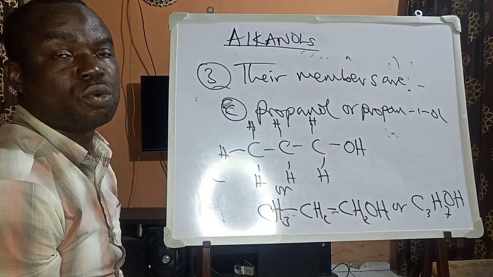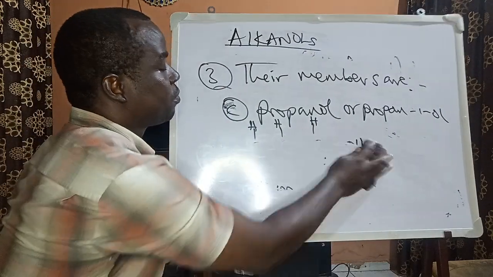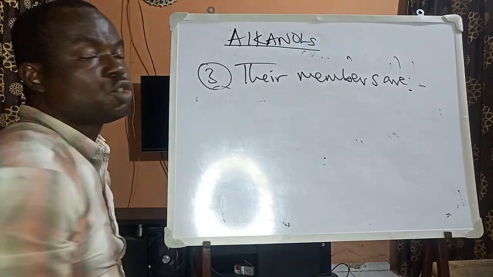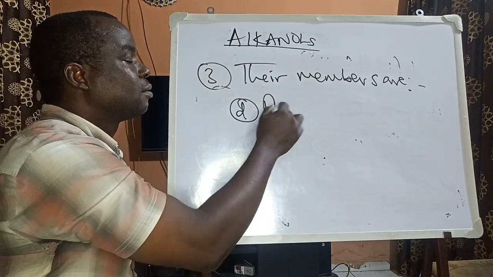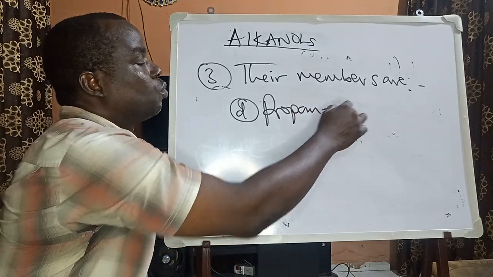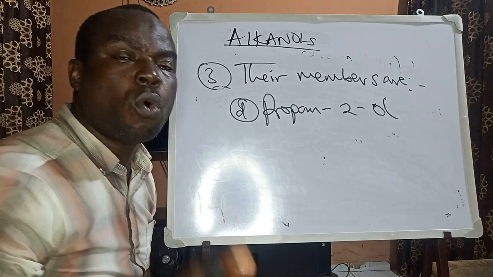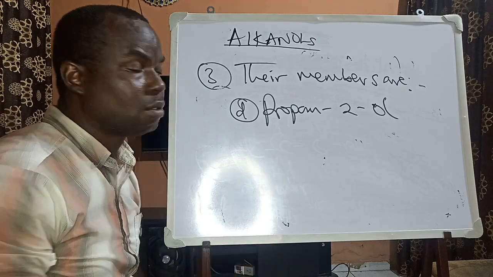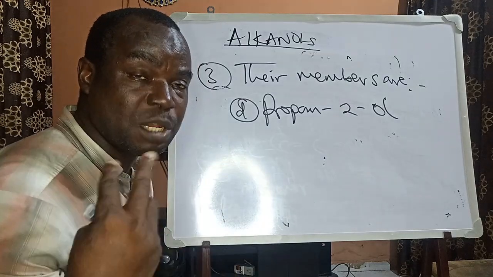But let's round off the video with this structure: propan-2-ol. Now, propan-2-ol, if you want to draw that, you know it still has that prop. Prop is 3 carbon atoms, as I explained to you.